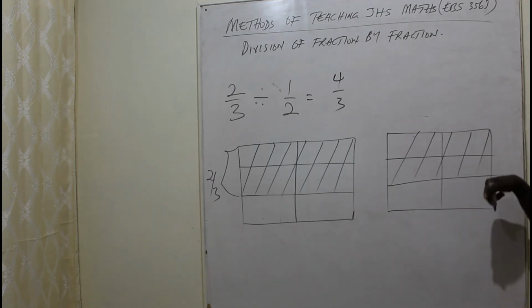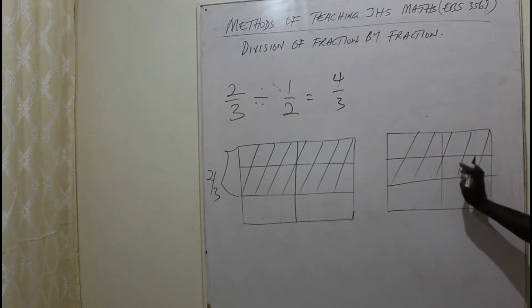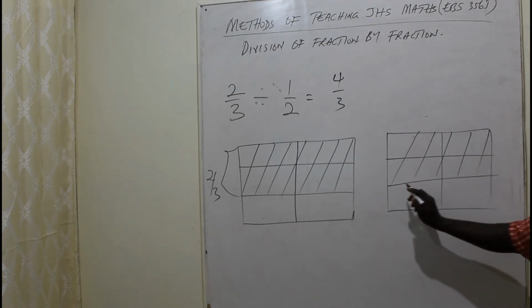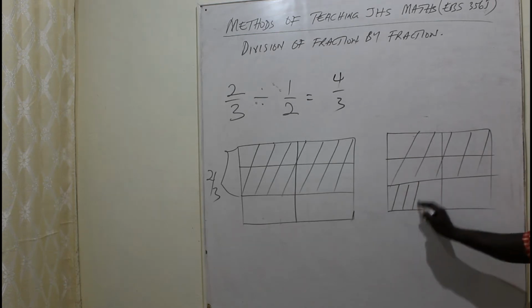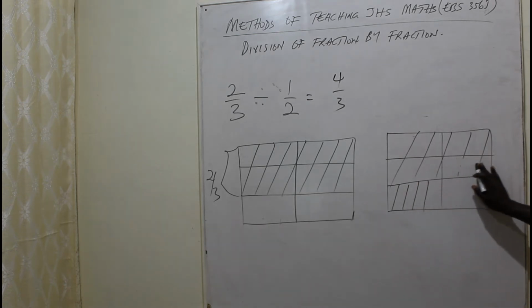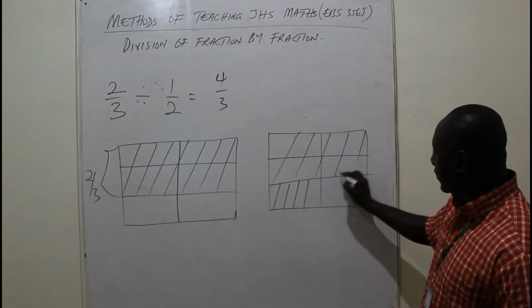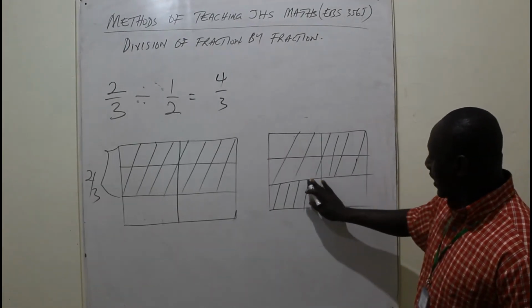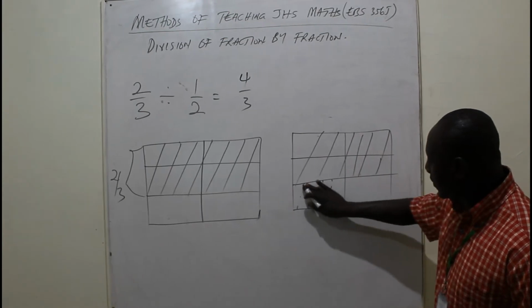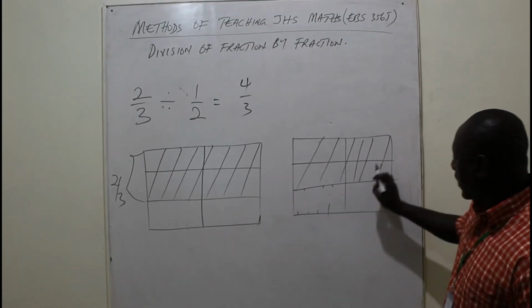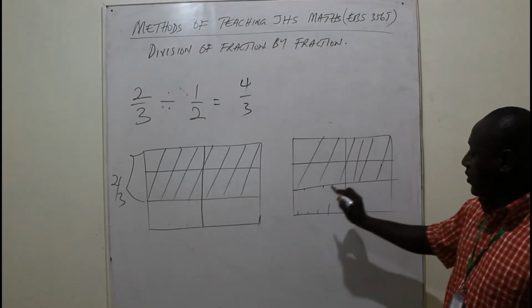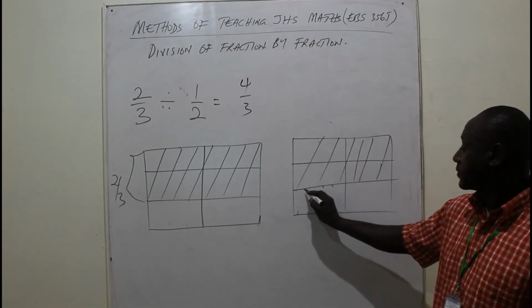Now, if I should take one of the shaded portions here and maybe add to this one, so that this one is no more there. Let's assume I'm bringing one of the shaded portions here. This one was shaded. I'm trying to bring one of the shaded portions here to fill this gap.